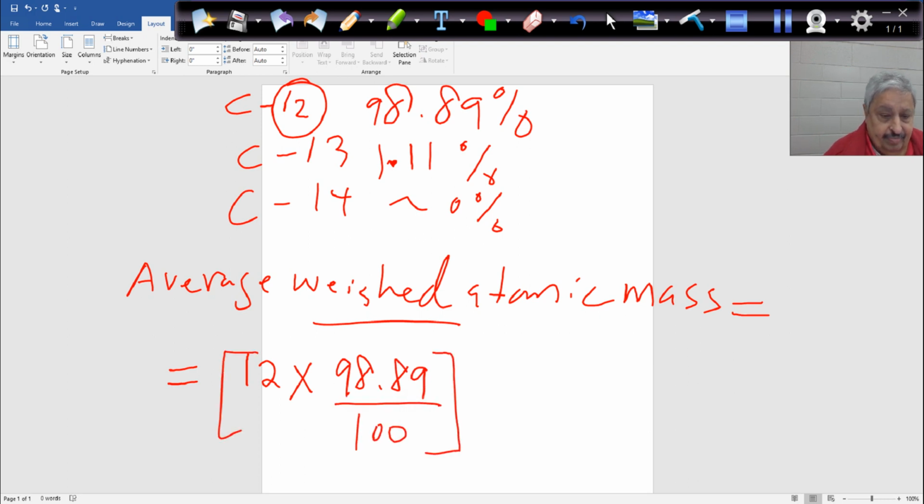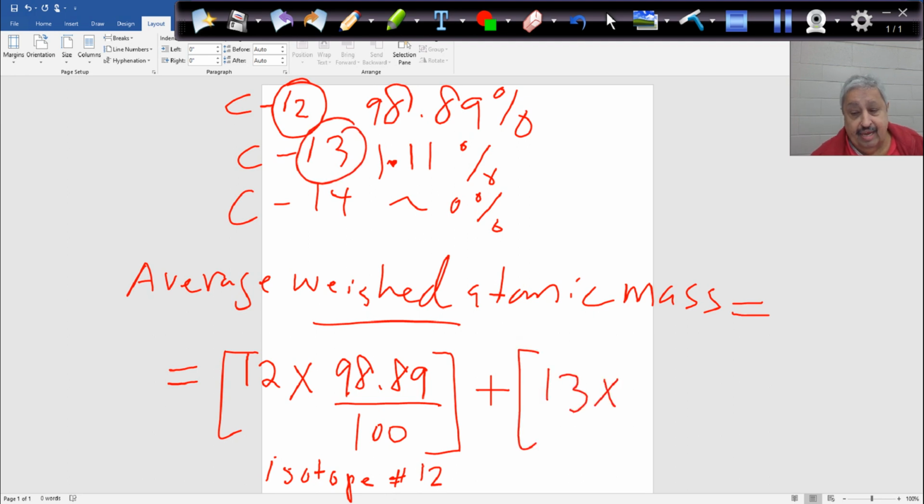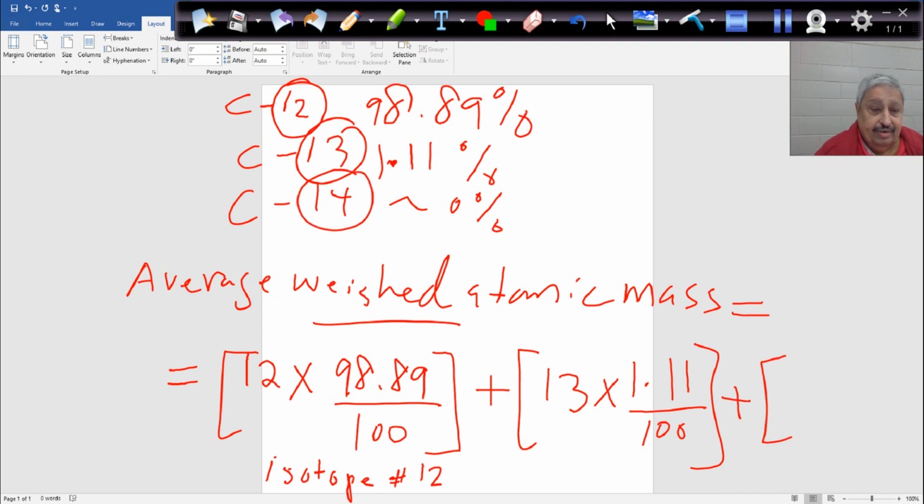Plus 13, the atomic mass of the second isotope, multiplied by its abundance in nature, 1.11 divided by 100. Plus 14, the atomic mass of the third isotope, multiplied by 0 over 100.